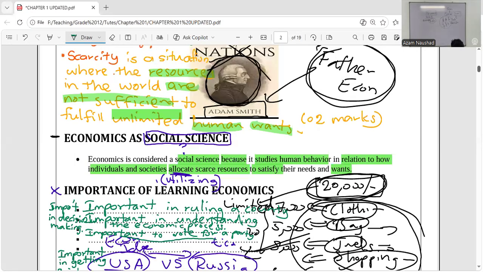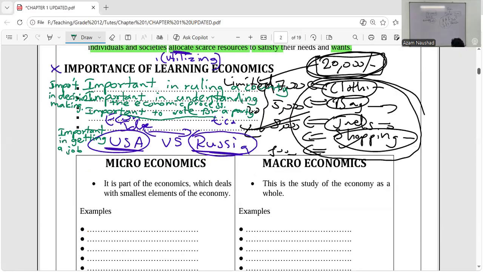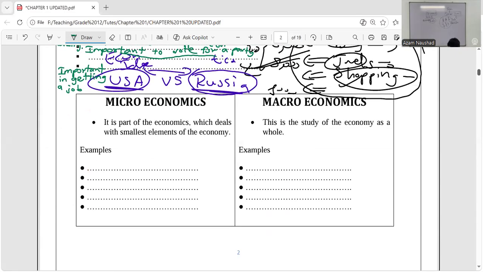These are the terms that I'm going to explain. Simply the two areas of economics. So let me mark this one. This is very, very important.